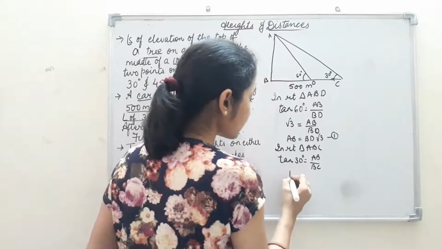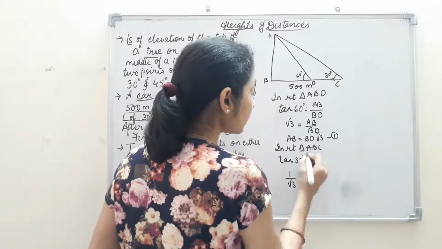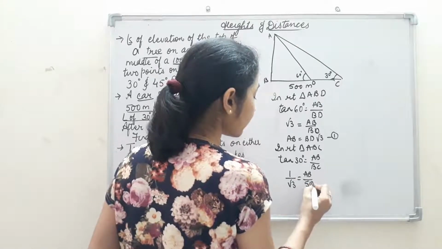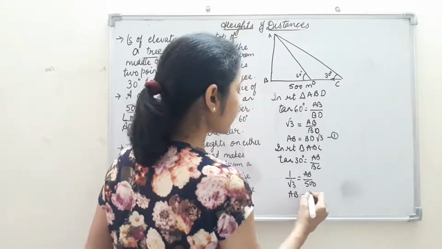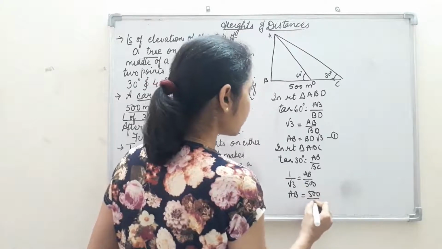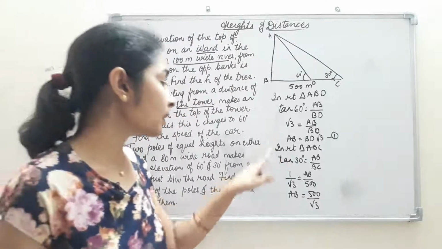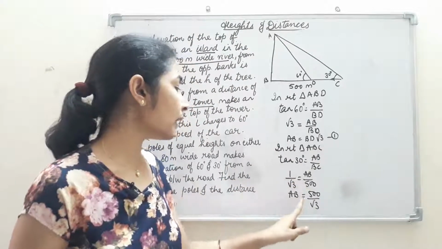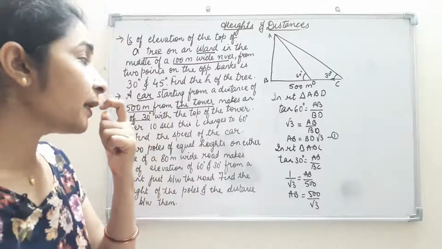Tan 30 degrees is equal to 1 upon √3, which is equal to AB upon 500. So if I cross multiply, AB is equal to 500 upon √3. So these are the two things I have got: AB is equal to BD √3, and AB is equal to 500 upon √3.